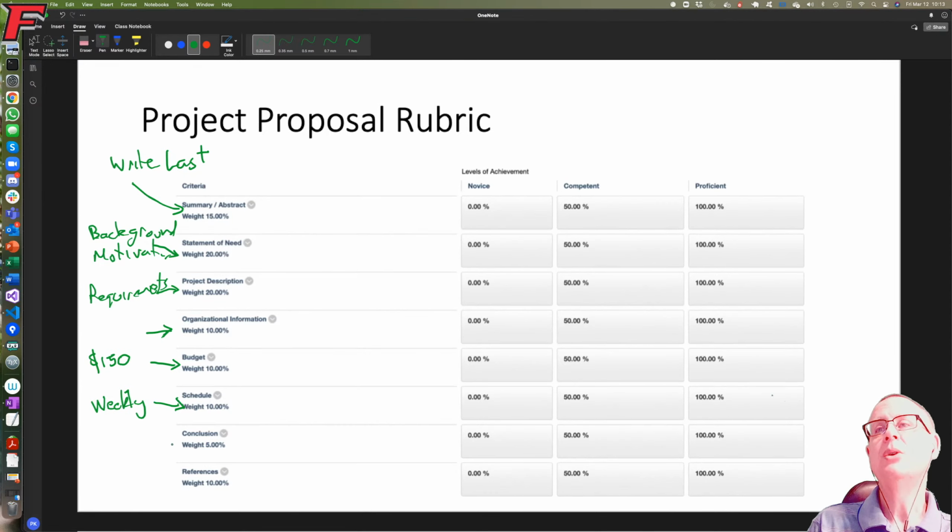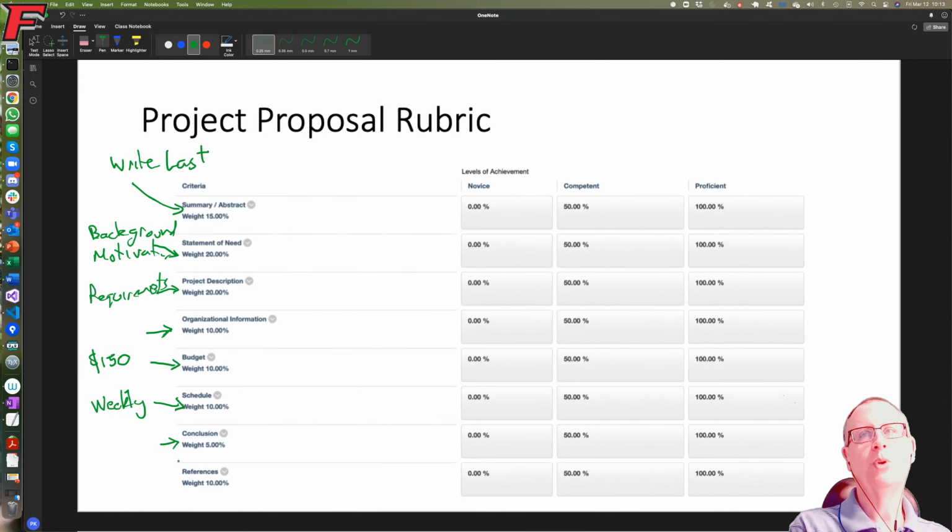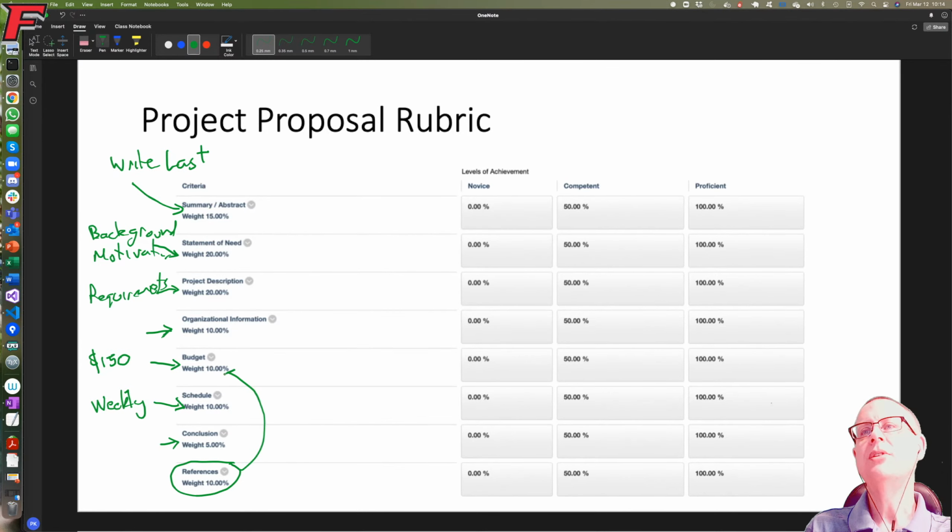And then the conclusion is basically an overall summary of the rest of the report, and as I said, references back up certainly the budget, because you need to be able to refer to prices on Amazon or DigiKey or wherever you're purchasing stuff or intending to purchase stuff from.